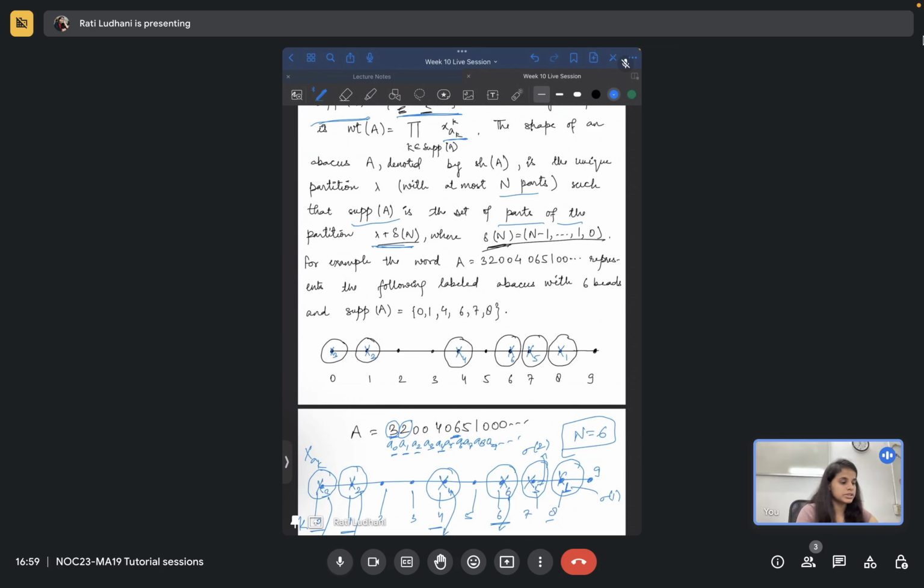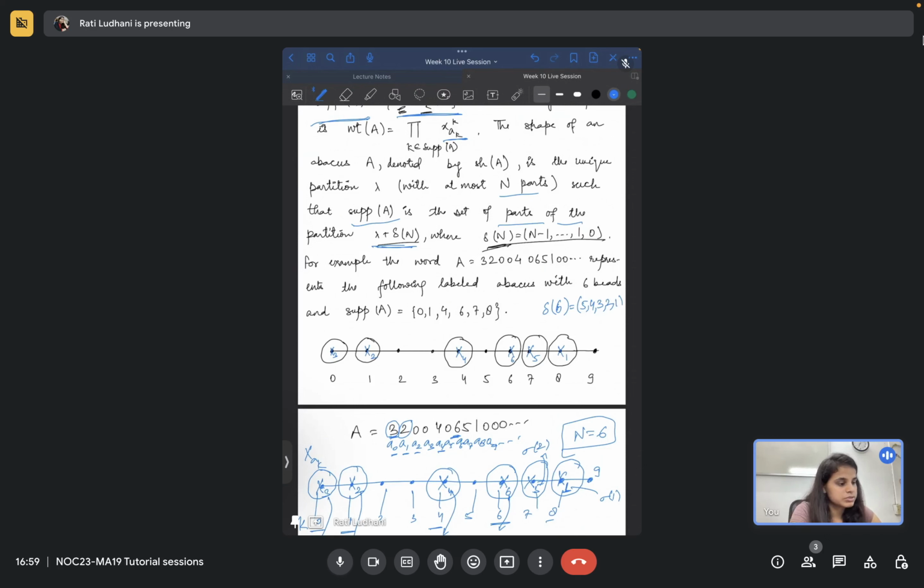So n is your 6, so delta n is 5, 4, 3, 2, 1. So you need to consider lambda, the unique partition with at most n parts.